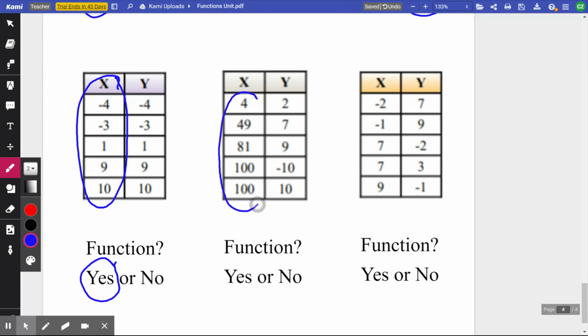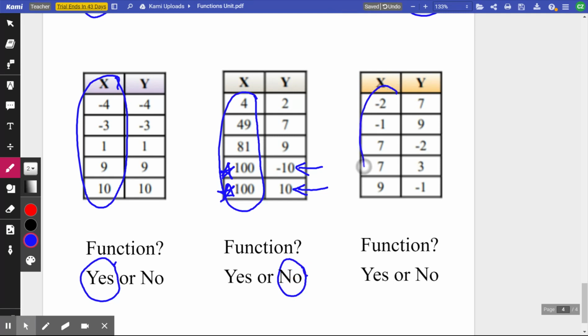Again, look at our X values for the next example: 4, 49, 81, 100, 100. Okay, so see, this input repeats. We have 2 100s. Are their outputs the same? Well, this one is -10. This is 10. Those are different outputs. So the same input gives us 2 different outputs. So this is not a function.